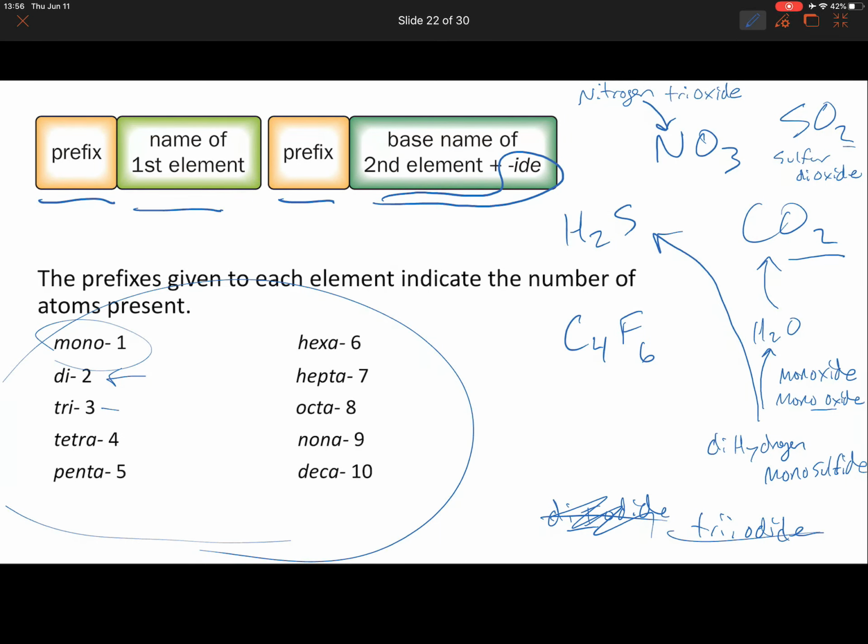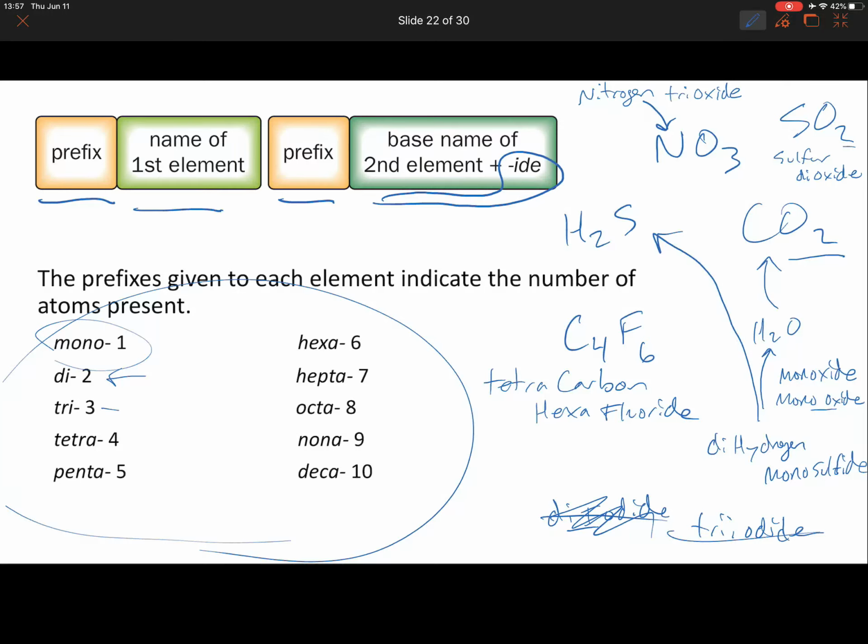Okay, let's name this last one. Tetracarbon hexafluoride. Like it? So these are completely different naming than the others. These, we do look at the subscripts.